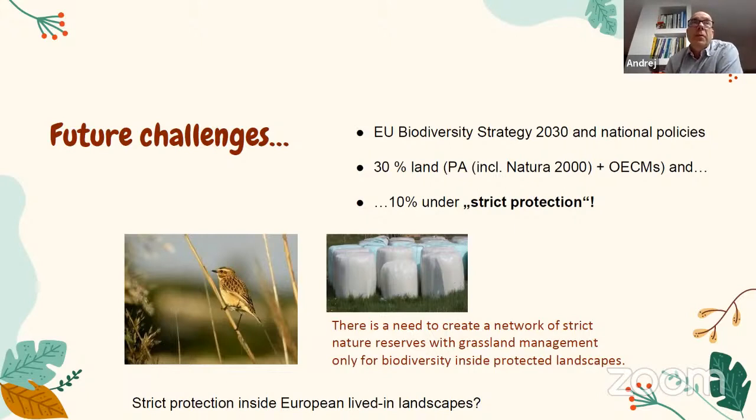Of course, strict protection in the forest means no-take and sometimes even no-go zone. But for grasslands, which are actually the most endangered and also quite widespread ecosystems in the European Union and also in Europe, in highly populated Europe, we should look at this a little differently. Next slide, please.